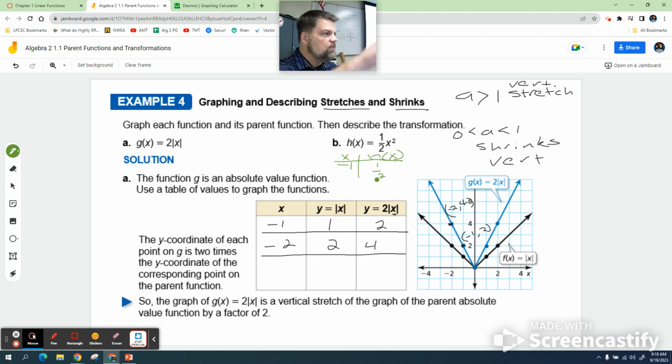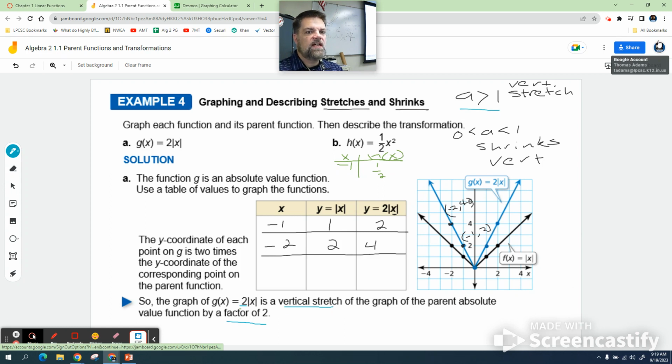So when you do the 1/2, it shrinks down that y value. The y value would be literally 1/2 of that. So when we have a graph like 2 times the absolute value of x, that 2 is going to do a vertical stretch because it's greater than 1, by a factor of 2. Okay?